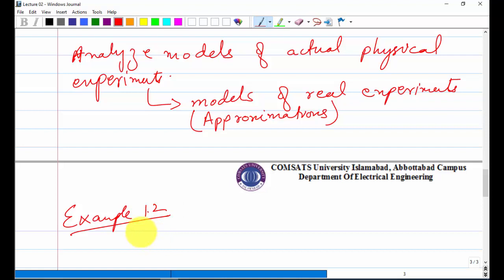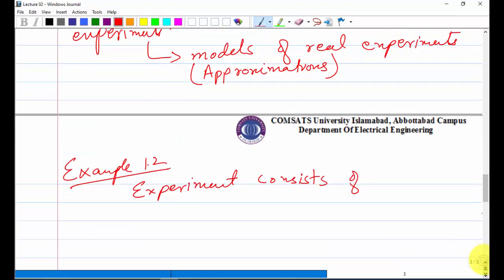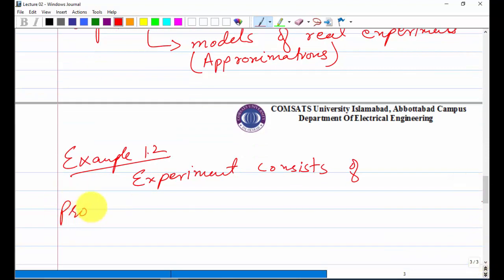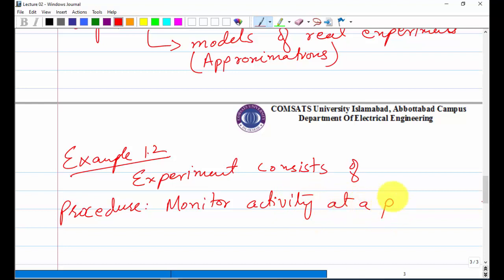So here the experiment consists of a procedure, which says to monitor activity at a Phone Smart store.